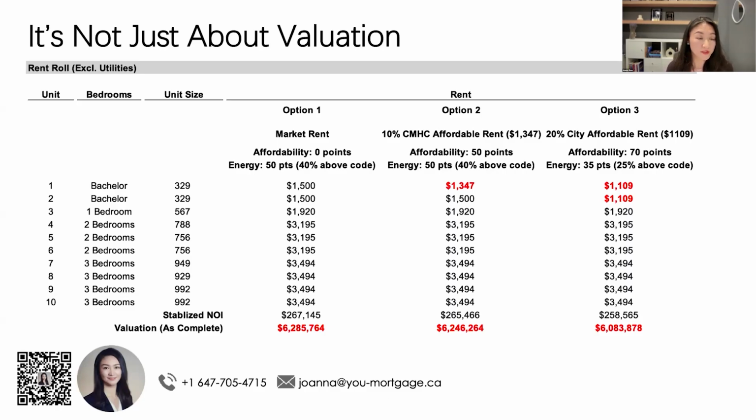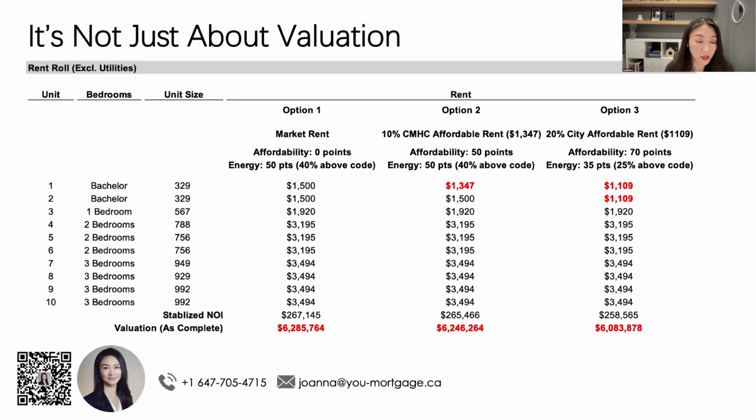To achieve another 50 points under MLI Select, we need another 50 points. So 10% of the rent should be under CMHC's affordable rent, which is 1,347 in Toronto. That is just one unit in this case.